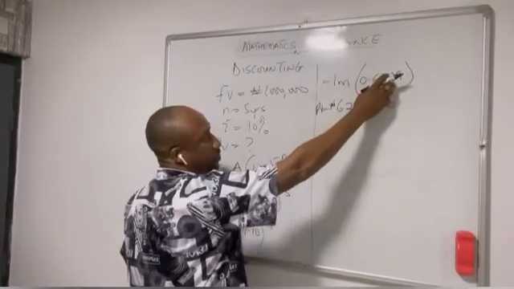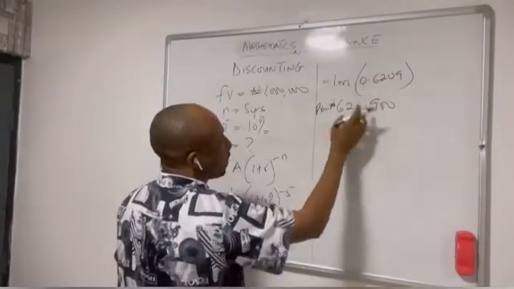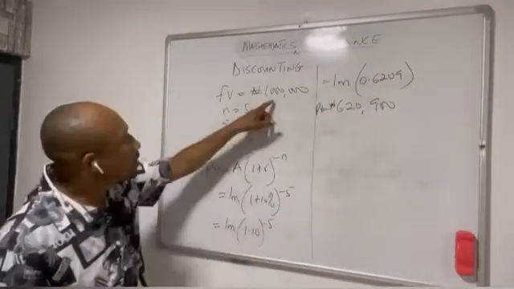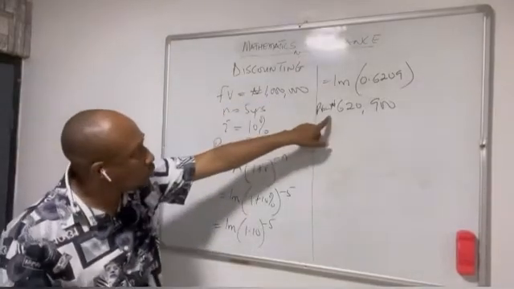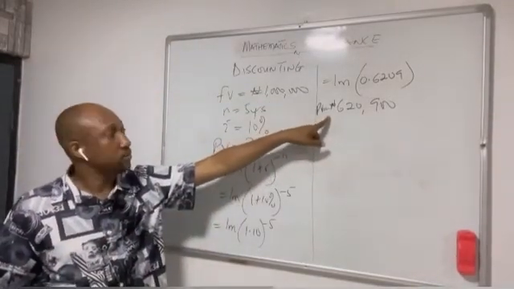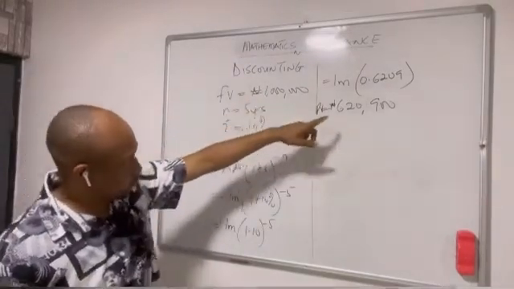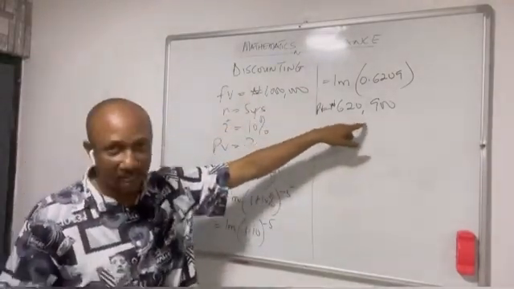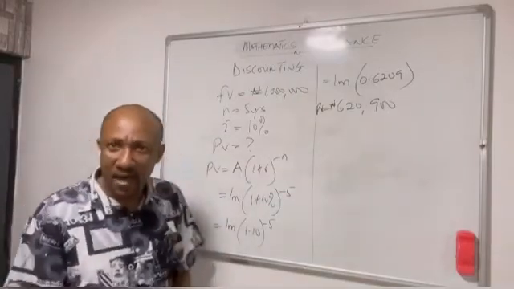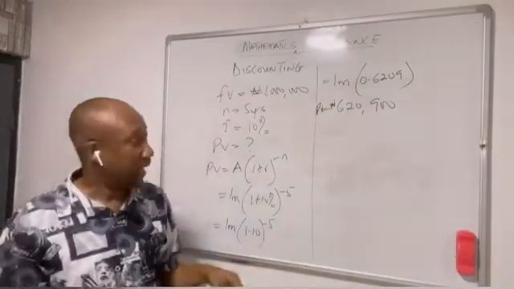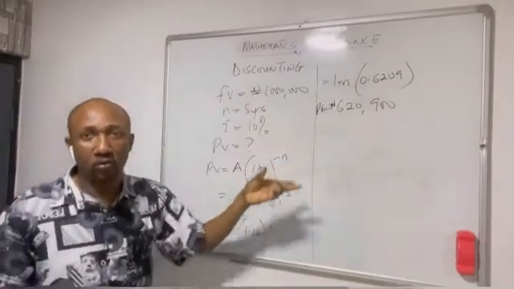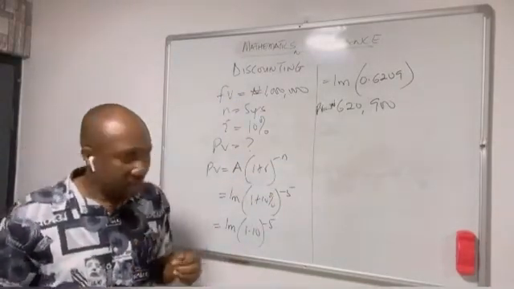We get 0.6209, and if we multiply these two, it means that 1 million in 5 years' time will be worth 620,900 presently.